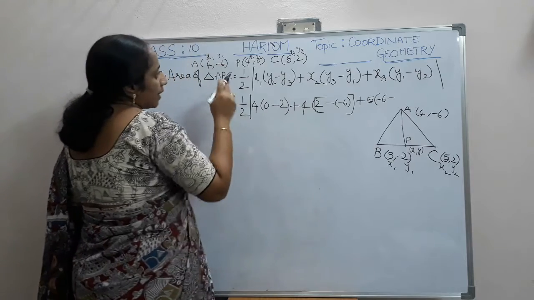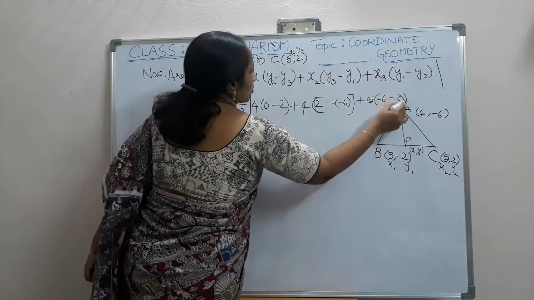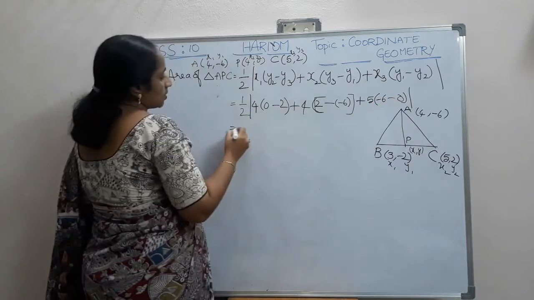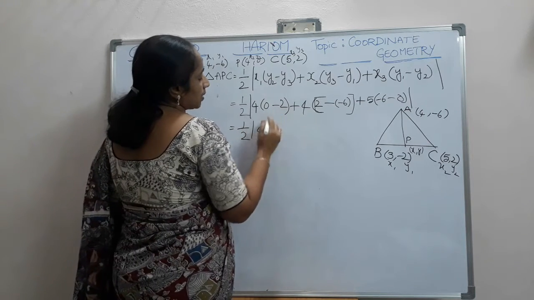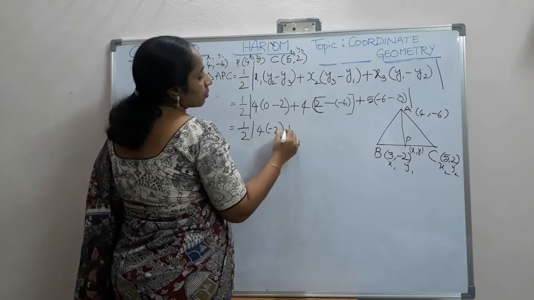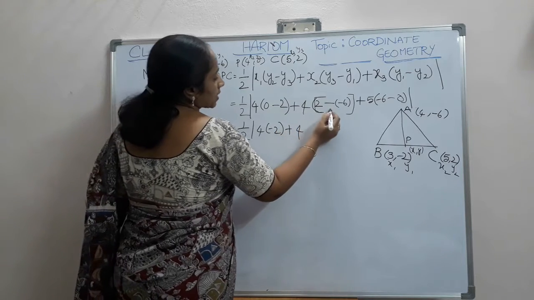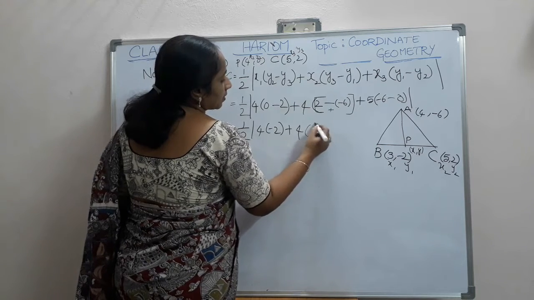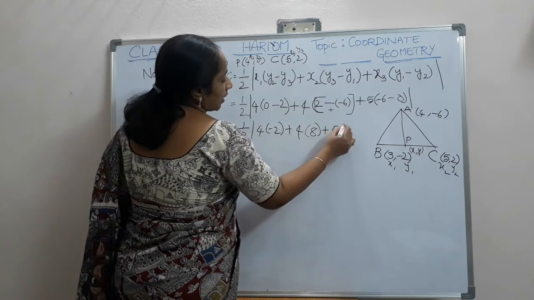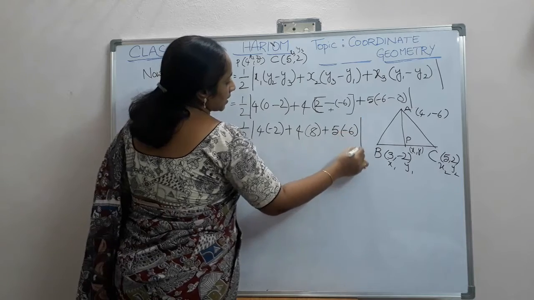That is half of 4 into (0 - 2), plus 4 into (2 - (-6)), which is 2 plus 6 = 8, plus 5 into (-6 - 0).